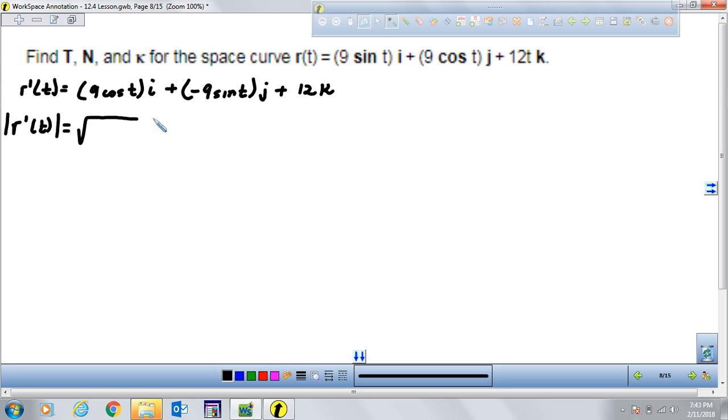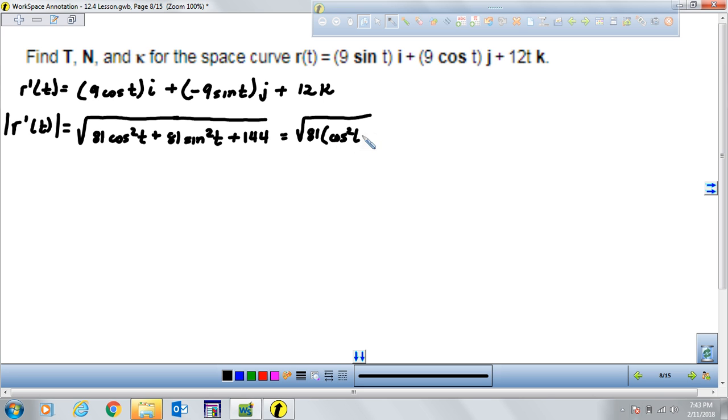That would be the square root of: square this component, it would be 81 cosine square of t, plus square this component, it would be 81 sine square of t, and square this component, it would be 144. But let's remember that I can factor the 81 from the first two terms, and that leaves me with cosine square of t plus sine square of t, and then plus 144.